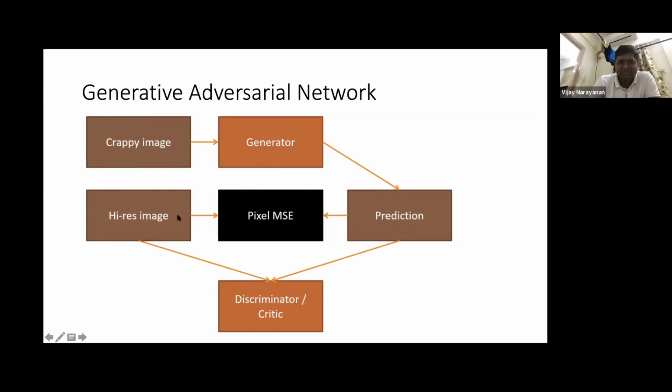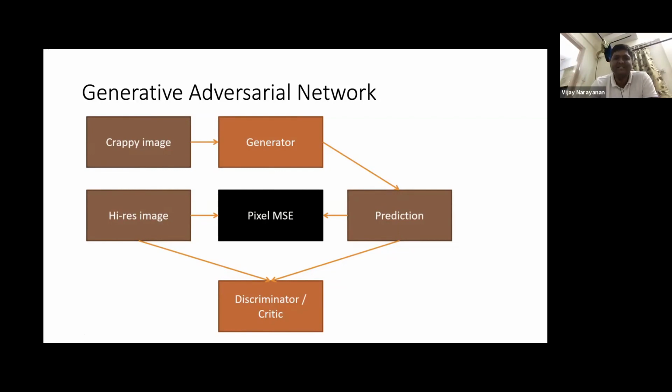What we will try to do is get the mean squared loss of the pixels between this predicted image and the target image that we already have, right? Then we send both of these into another model called a discriminator or critic. Its purpose is to say whether it is able to differentiate which is a predicted high-res image versus which is an actual high-res image.